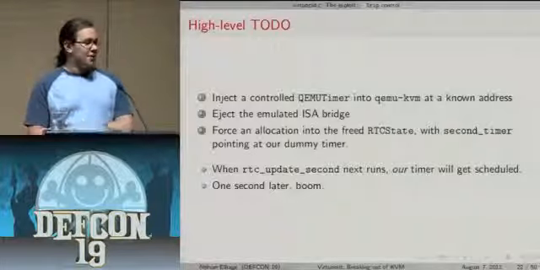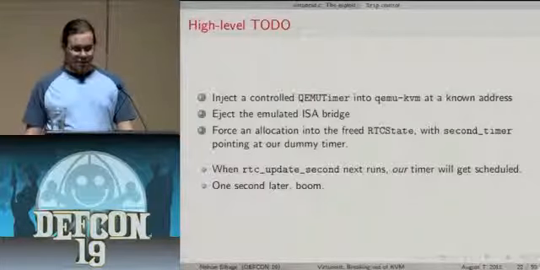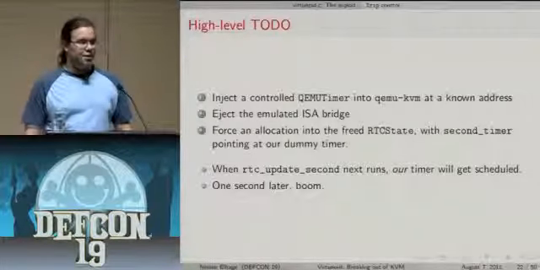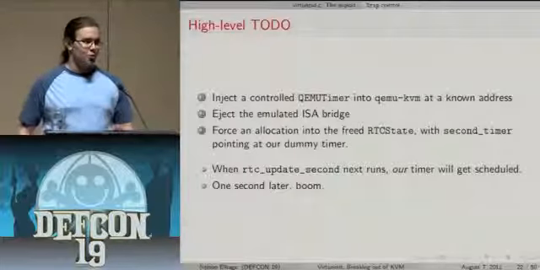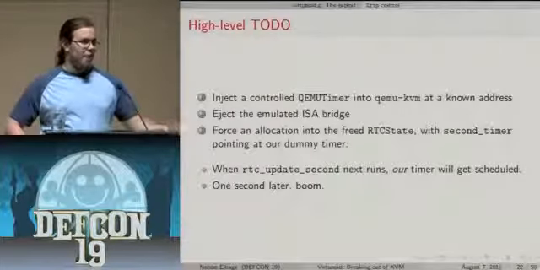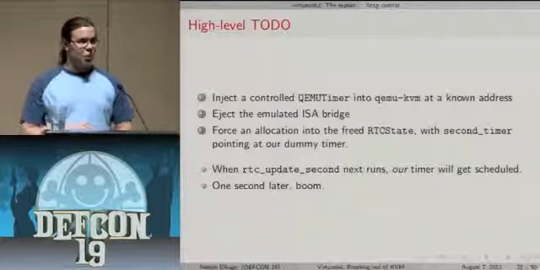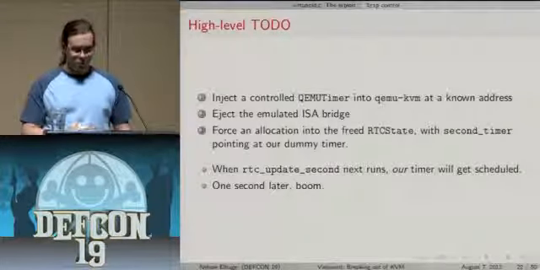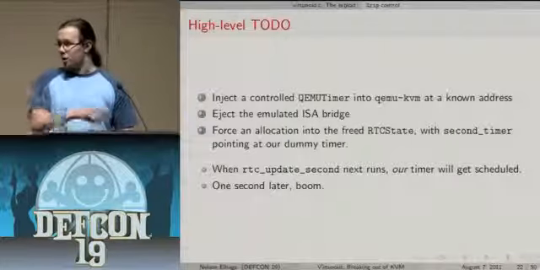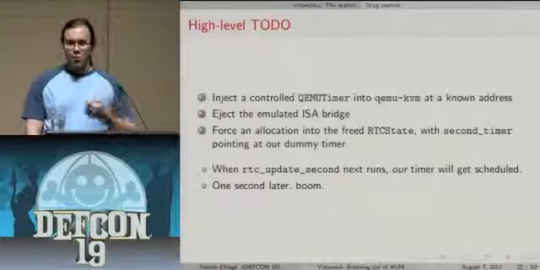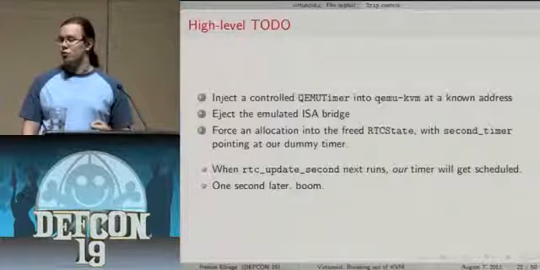Then on the next second boundary, RTC update second will run on our fake RTC state, and it will reschedule the second timer to run 1 second later. But we've hijacked that pointer to point at our timer, and so 1 second later, our timer will run, which includes our callback method that it will jump into, and it will jump to code that we control.